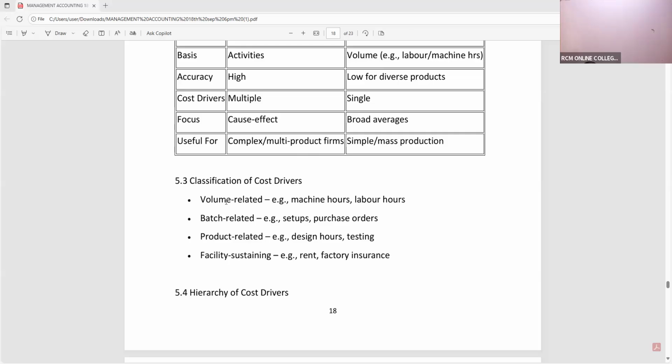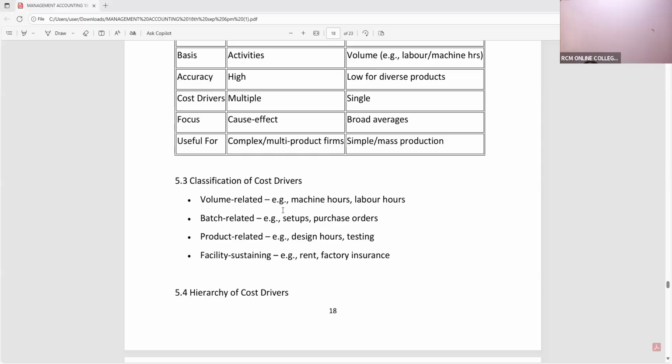For example, every time you set up your machines, you produce 10,000 units. So some of these cost drivers could be batch related, e.g. setup cost, machine setup cost, purchase orders. Then product related: the design hours, the testing.